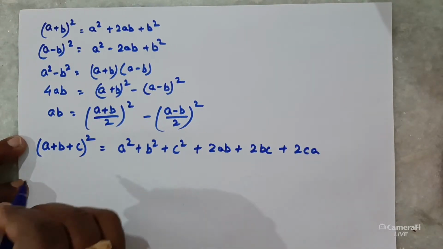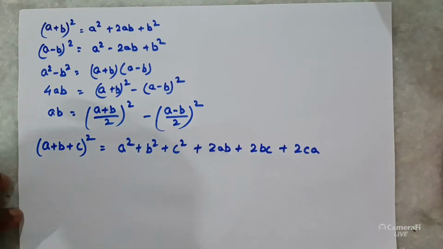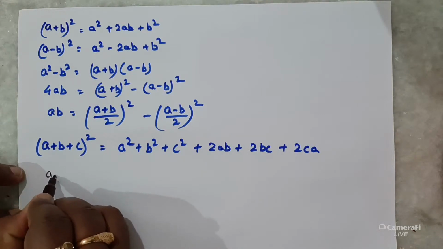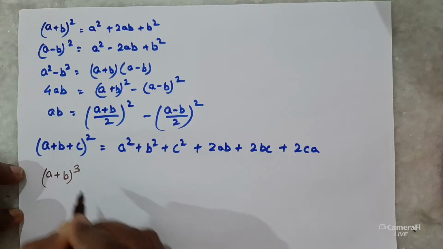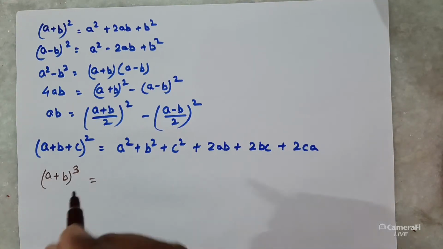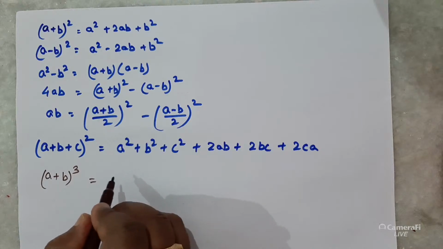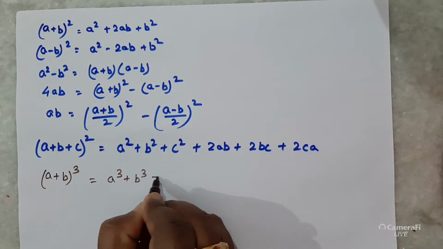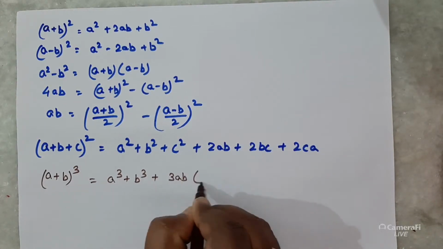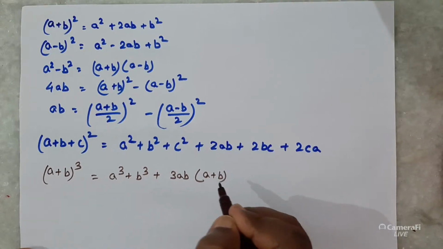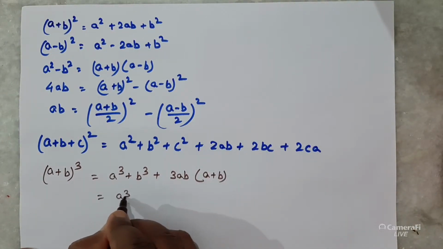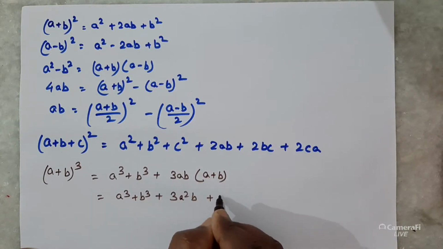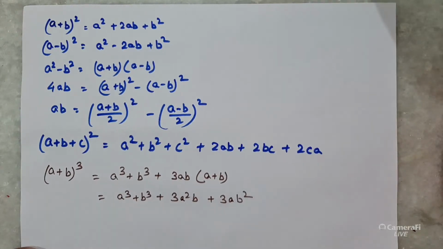Let's see what the cube formulas are. A plus b whole cube is equal to a cube plus b cube plus 3ab into a plus b, or we can write a cube plus b cube plus 3a square b plus 3ab square.